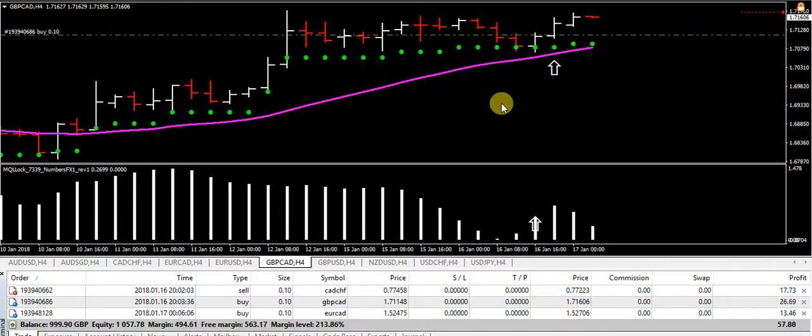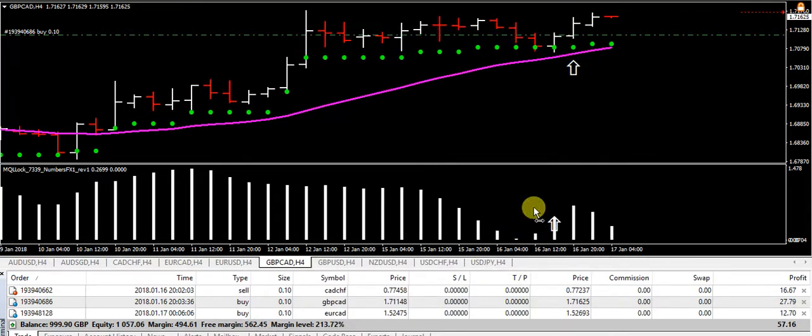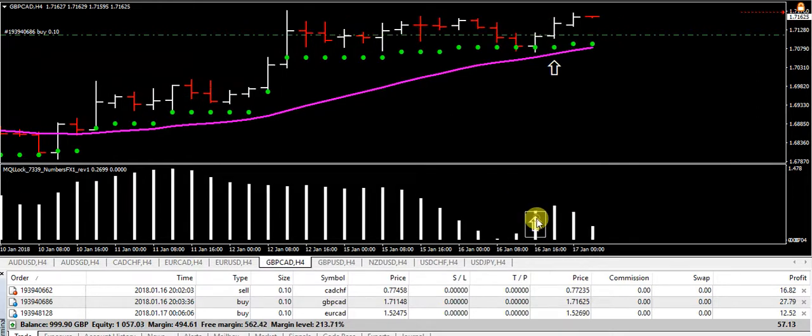We've got the GBP CAD, British pound CAD. Came in with our trade on the uptrend, waiting for the signal, saw the volume rising, and put our trade on. Okay, so far so good.